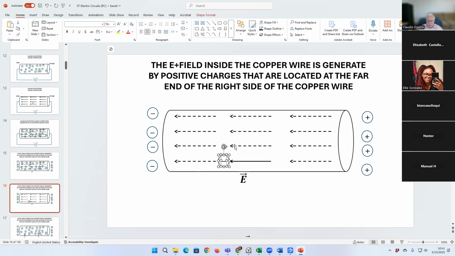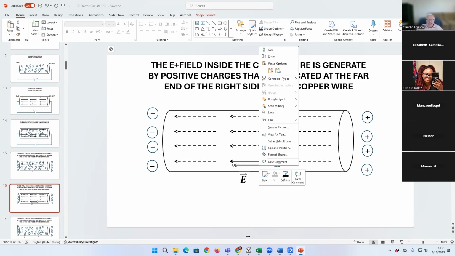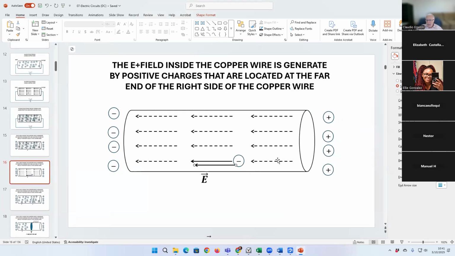I'm going to put this electron right here at the other end. Because the electric field is from the right to the left, this electron is going to be subjected to an electric force that is going to be from the left to the right.